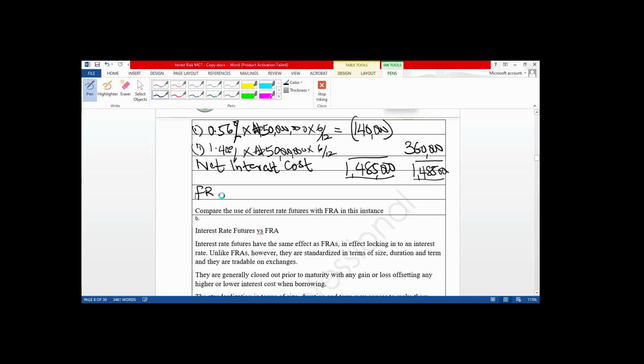FRA, I should have paid 5.94% multiplied by 50 million multiplied by 6 months. Work that out. It must give you 1,485,000.